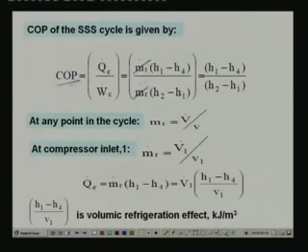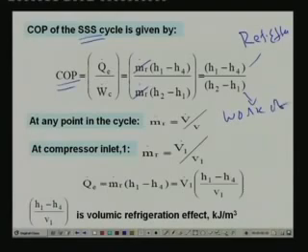Finally you find that the COP of the standard saturated cycle is given by H1 minus H4 divided by H2 minus H1, where H1 minus H4 is nothing but your refrigeration effect, and H2 minus H1 is nothing but your work of compression. So finally COP is expressed in terms of enthalpies only.